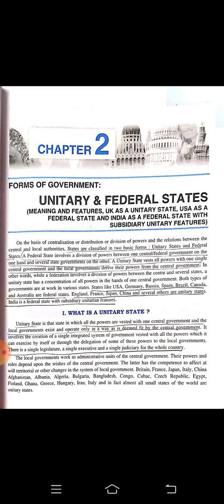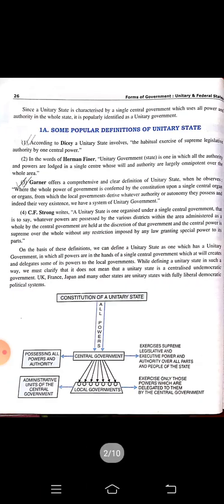This is the main thing about the unitary form of government. Now we have to know a few examples of unitary states, like Afghanistan, Egypt, China, Bangladesh, and many more countries, like Italy and Iran. All these countries fall under the unitary form of government.